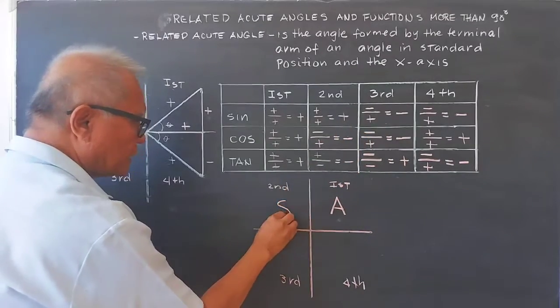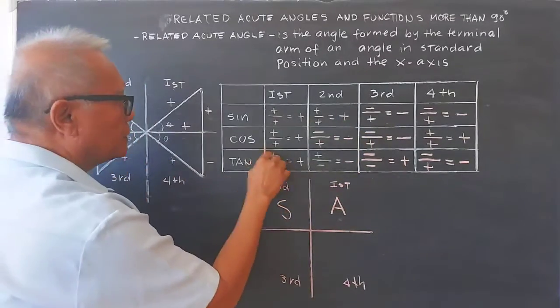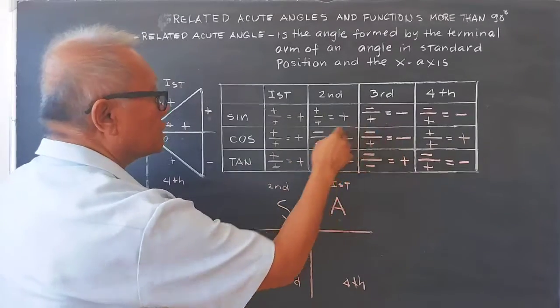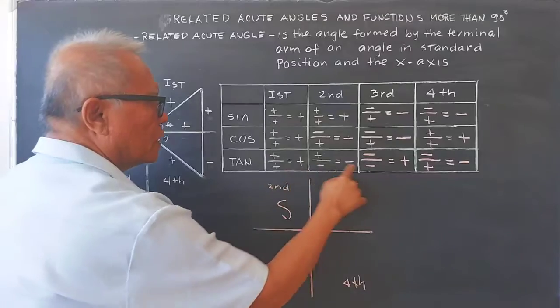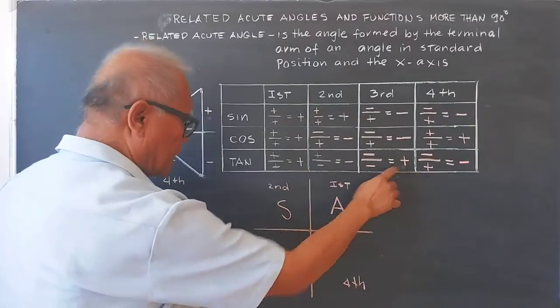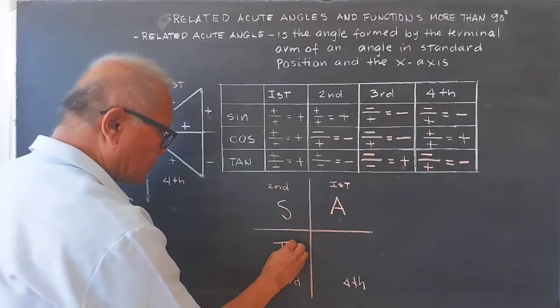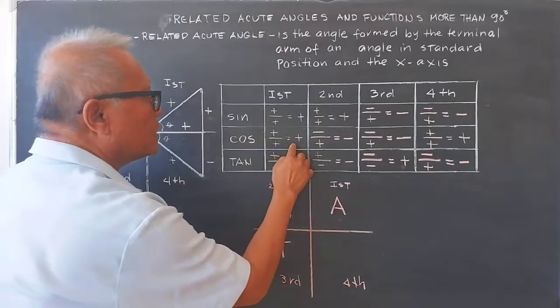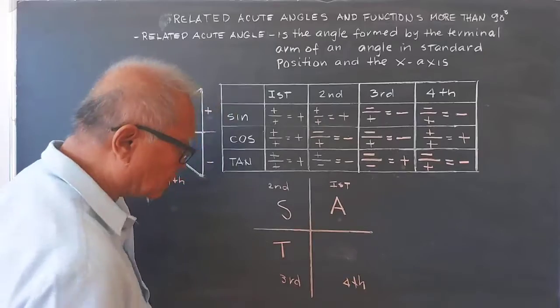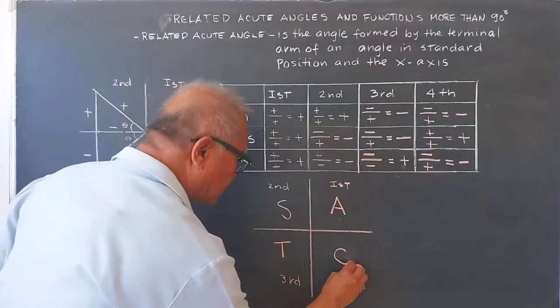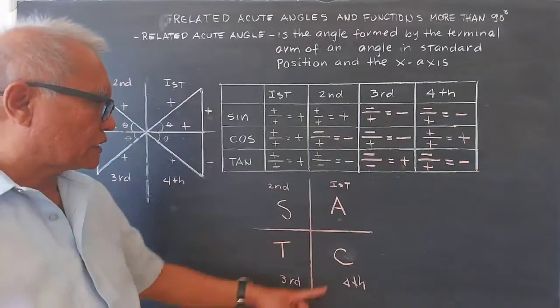In the third quadrant, tangent is positive. And in the fourth quadrant, cosine is positive. So it's just the word CAST.